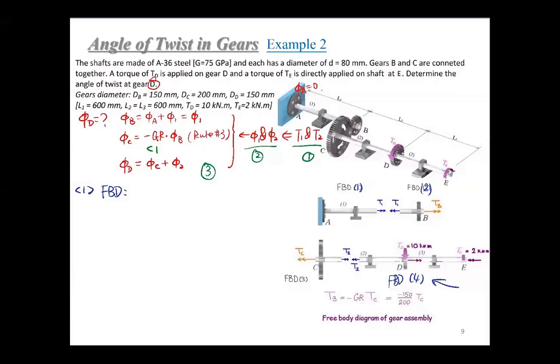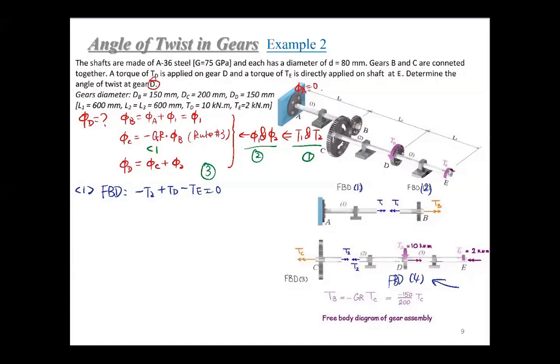Use your right hand rule. TD, curl your four fingers with the direction of D, then your thumb will be pointing right. So TD will be pointing right, TE will be pointing left, and T2 pointing outward will be left. So you will get negative T2 plus TD minus TE equals 0.